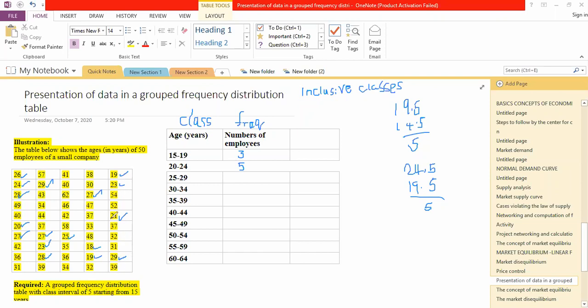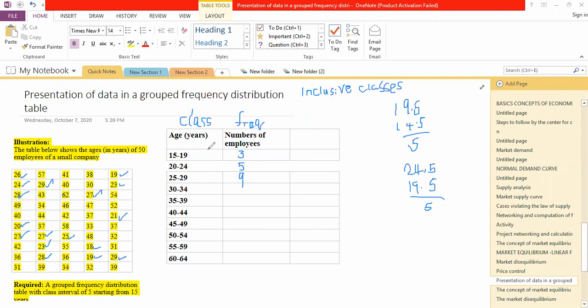I don't know if there's any other that we have left. I think we have picked all of them. So we record 9. And we'll do that until we are done with this data.